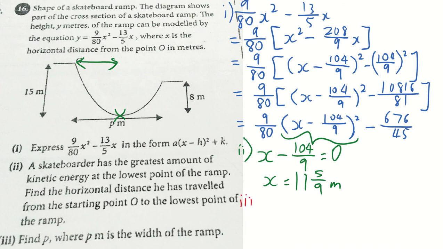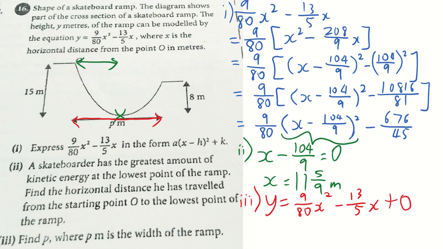Basically for part 3, we are asked to find what is the distance P, which is also marked out in red. So for us to find out this distance, we will require the equation. So let's write the equation again. y equals 9/80 x² minus 13/5 x. There is no constant term given to us, or rather the constant term here is 0.